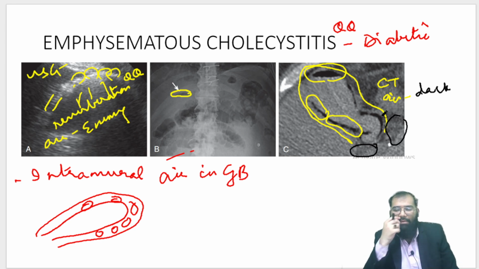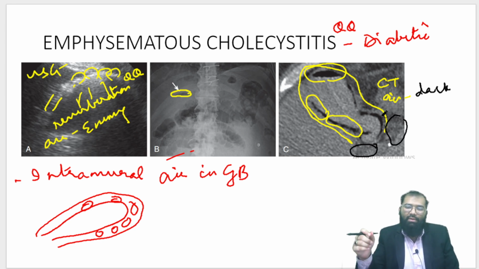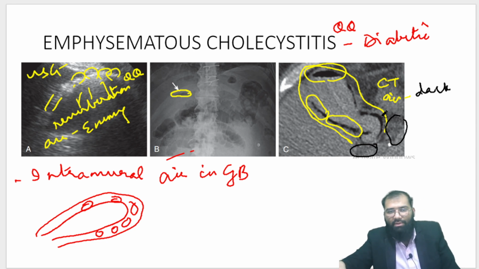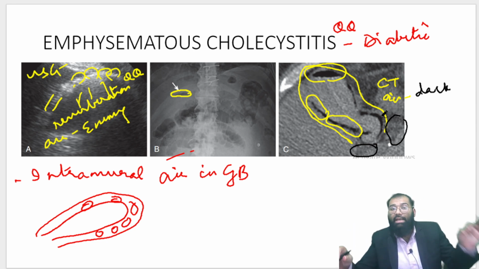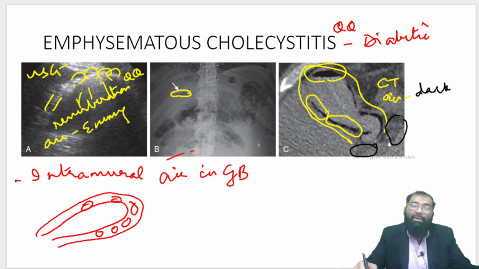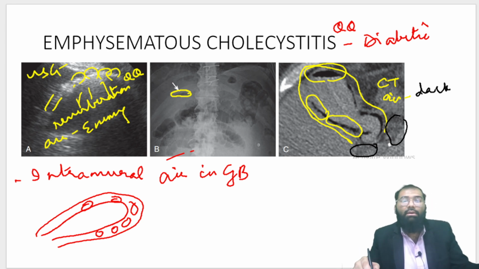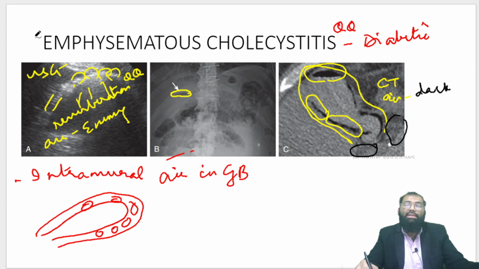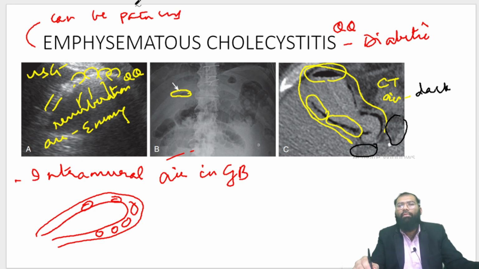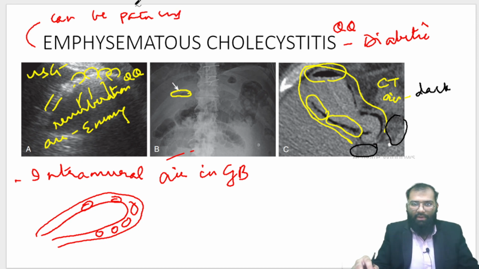That means there is air within the GB wall, which is abnormal, and you have to diagnose this as emphysematous cholecystitis. It's an emergency condition, very commonly seen in the diabetic population, and most important thing, this can be painless, surprising, but the patient will have signs of sepsis.